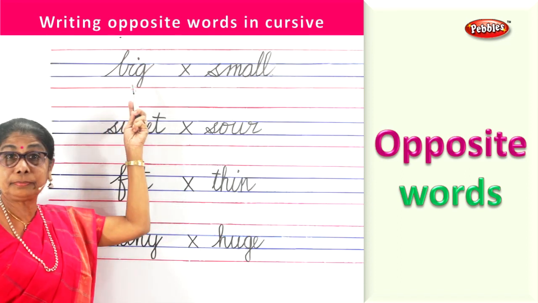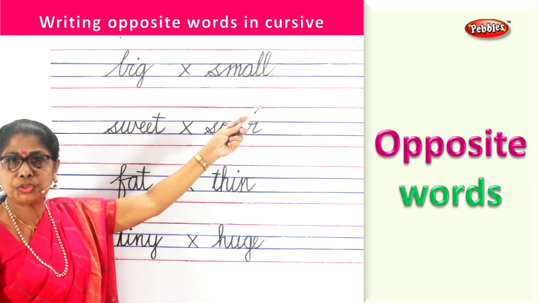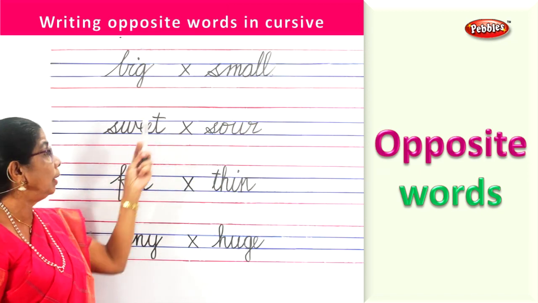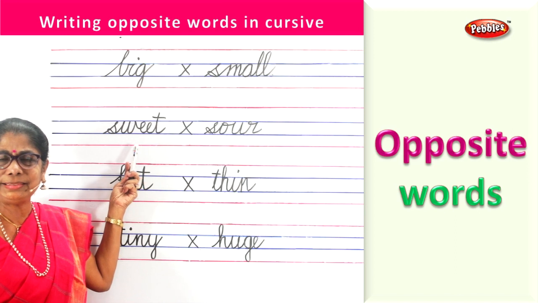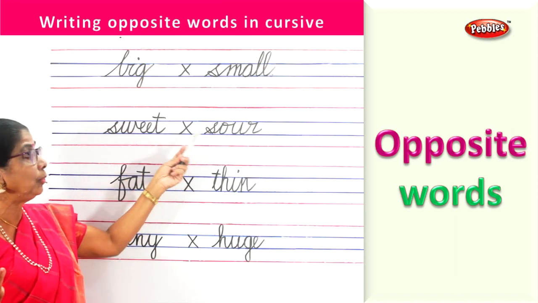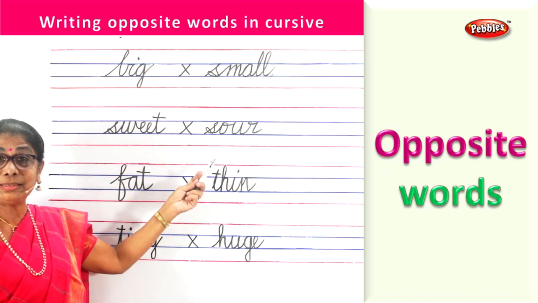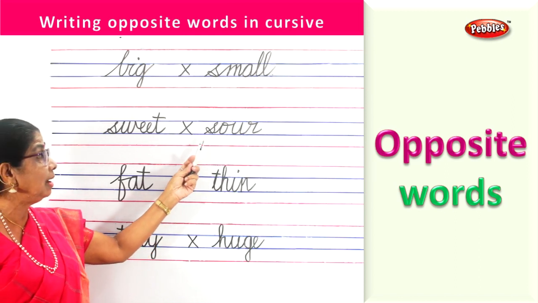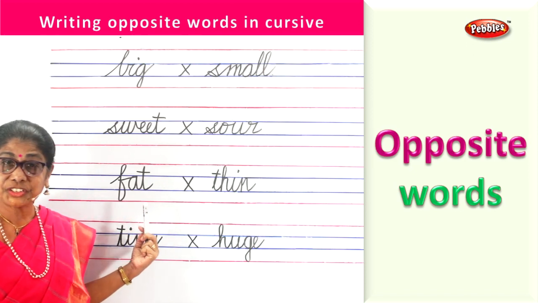Let's look at the four opposites that we have written. Big. Big trees. Big opposite, small. Small tree. Small plant. S-M-A-L-L, small. Sweet. You love to eat sweet. S-W-E-E-T, sweet. And some children like to eat sour, the opposite of sweet. What is sour? Lemon is sour. Green mango is sour. Spell sour, S-O-U-R, sour. Fat.